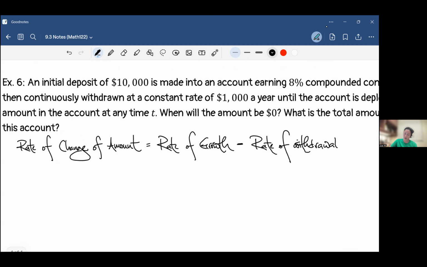Okay, so let's look at this for a moment. How the account is changing depends on how much it's growing minus how much you're taking out, right? That's really what we've got going here.